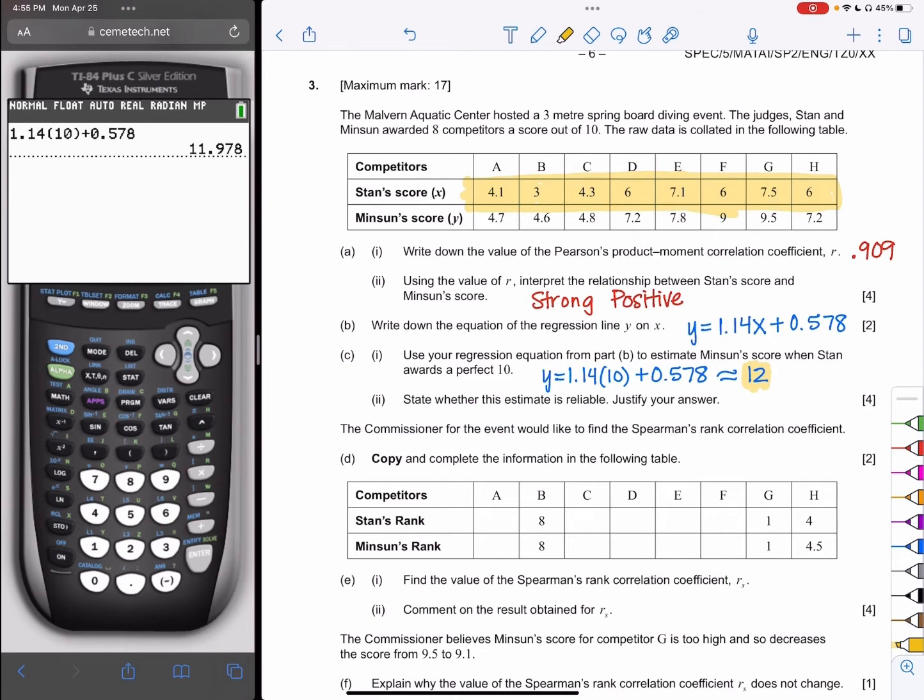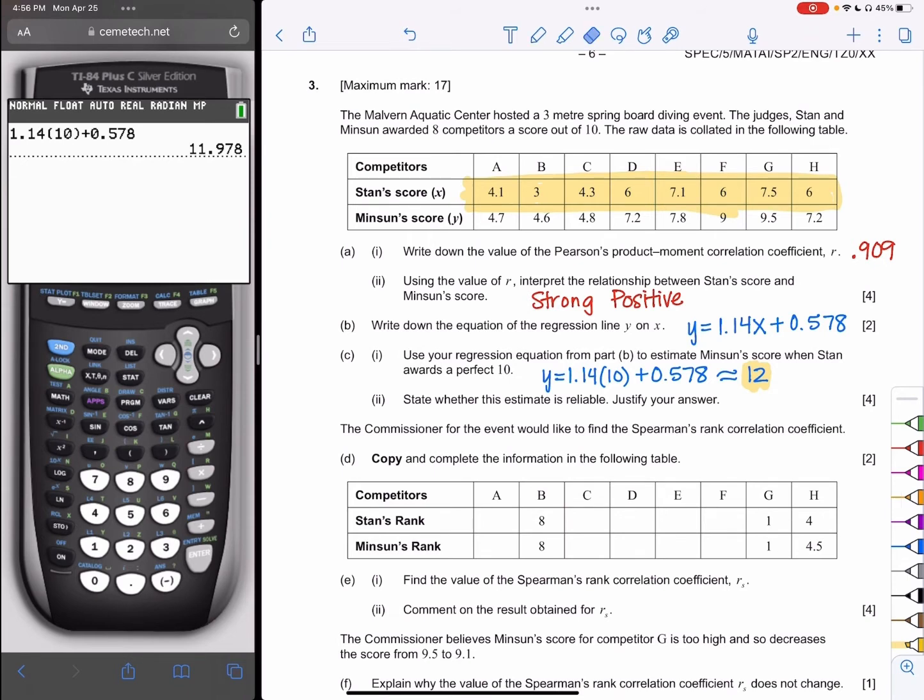So that means that it's not going to be a good indicator, because all of the X values I'm using here, my independent variables, are from 3 all the way to 7.5. 10 is on the outside of that, so I know that score is going to be outside of that range. That is my reasoning there for part 2.